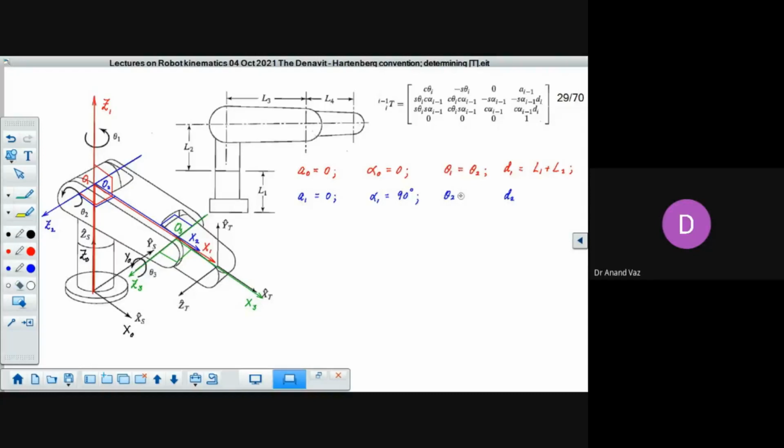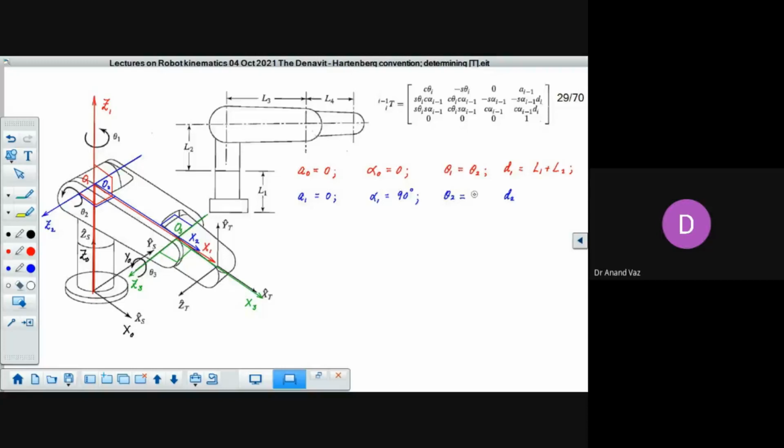What about theta 2? For theta 2, look at joint 2, the axis z2. Keep your thumb oriented along z2. Turn your fingers from x1 towards x2. Right now, both x1 and x2 are coinciding, but the moment you open up your shoulder and go upwards or downwards, this angle will become non-zero. So we will leave it as a variable itself.